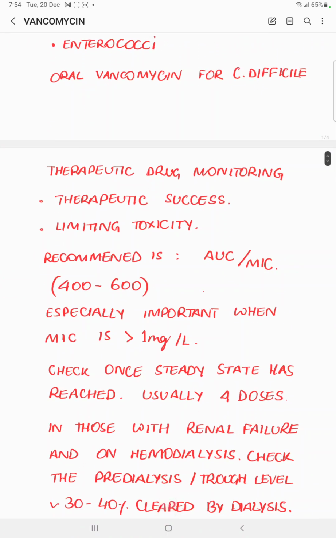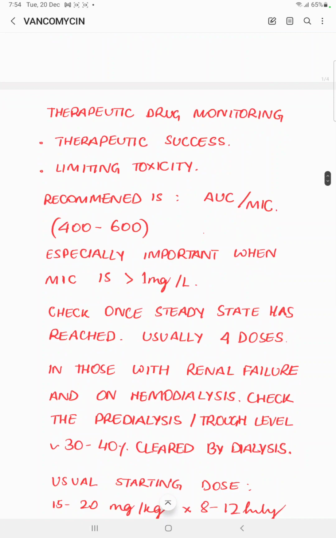It is one drug where therapeutic drug monitoring is advised when intravenous vancomycin is used, both for therapeutic success and limiting toxicity. All the data that we have are based on this therapeutic drug monitoring. The recommended monitoring is to look at the area under the curve by the MIC ratio, and this should be somewhere between 400 to 600.